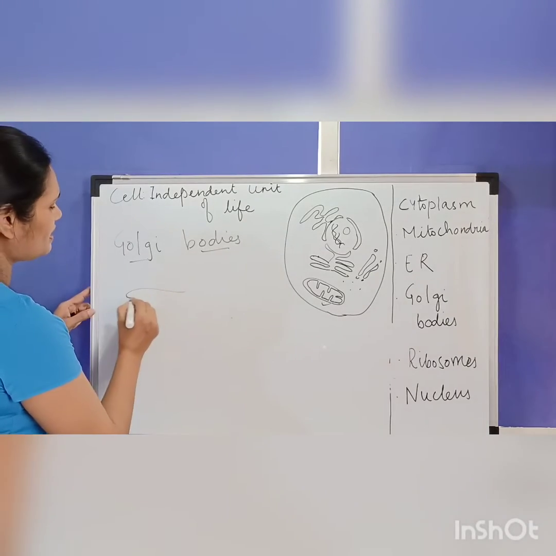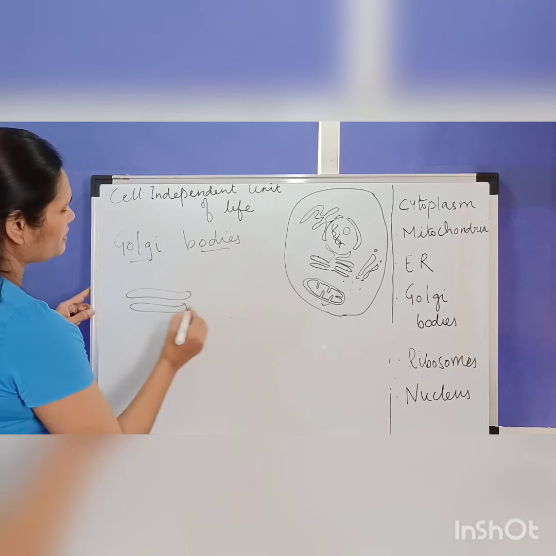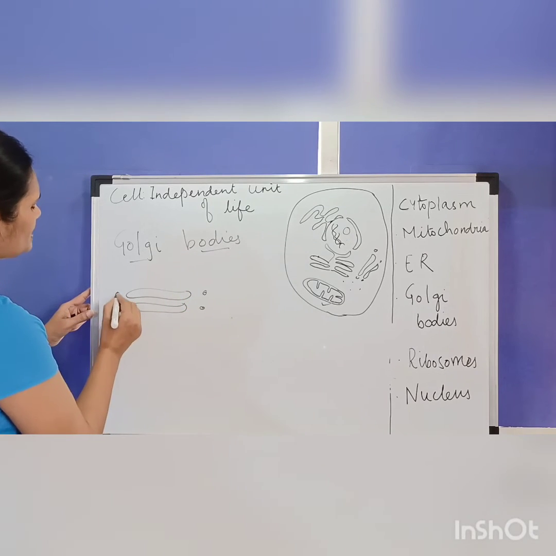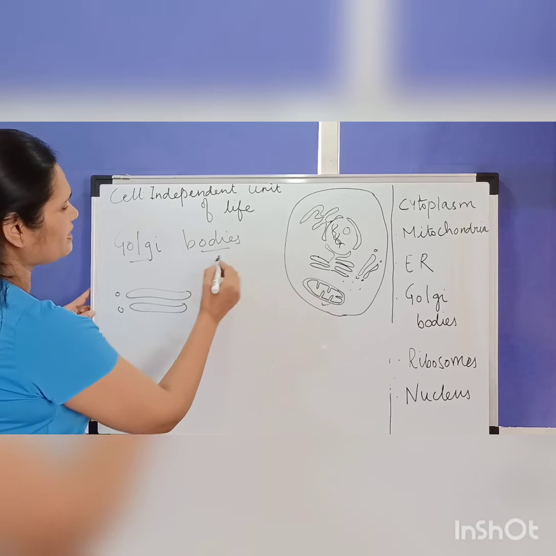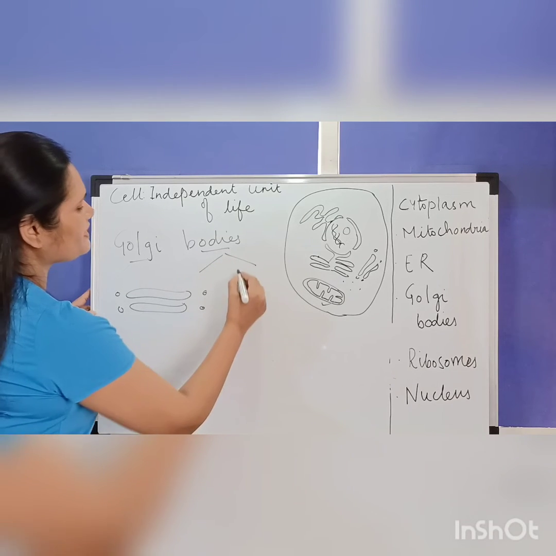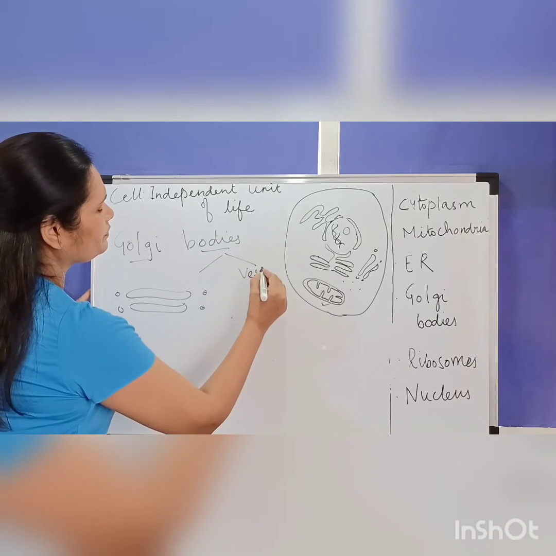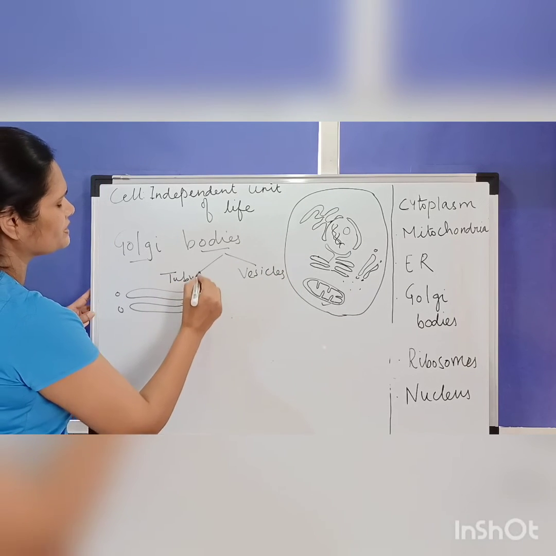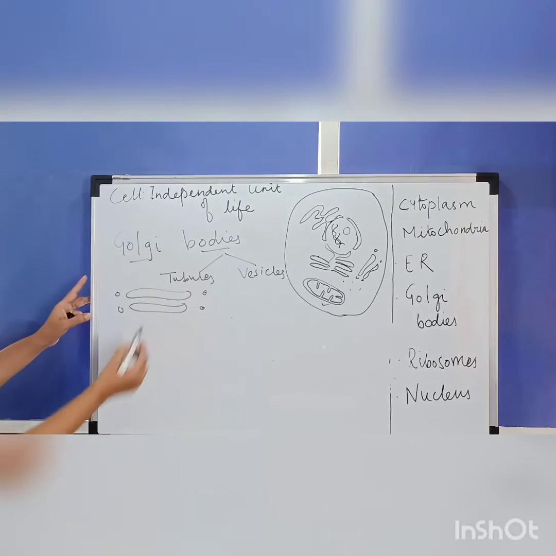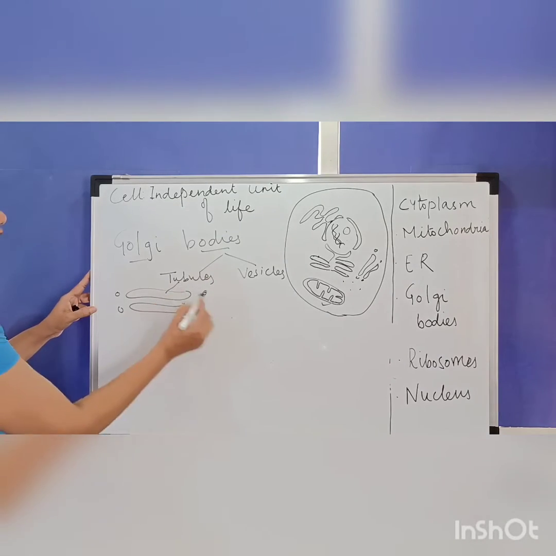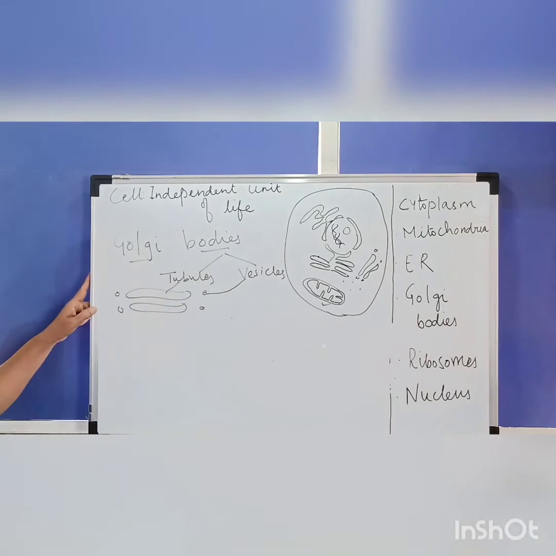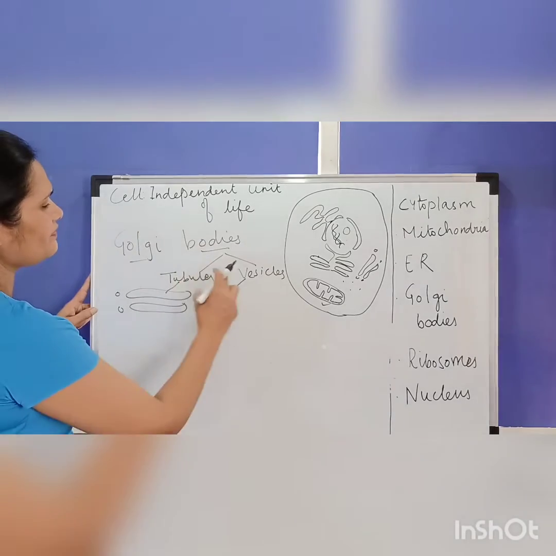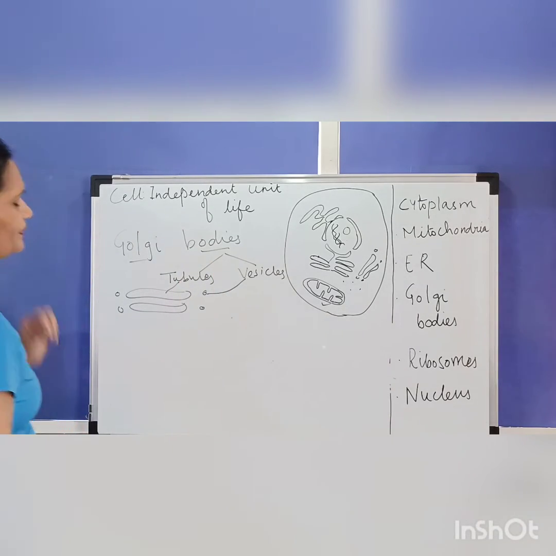This is how the Golgi bodies are. They comprise vesicles and tubules. This structure is a tubule and this structure is a vesicle.